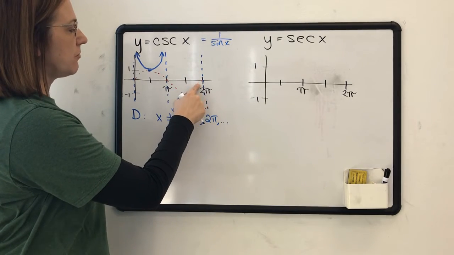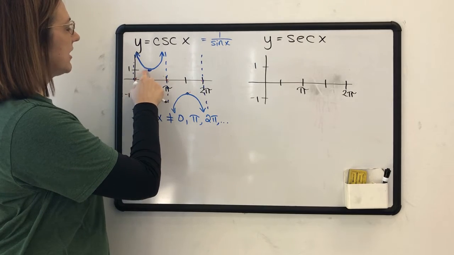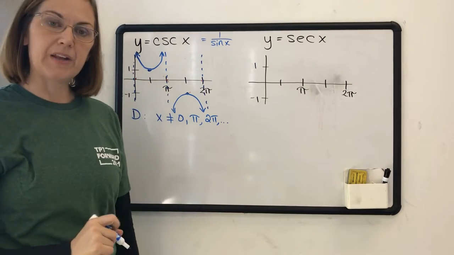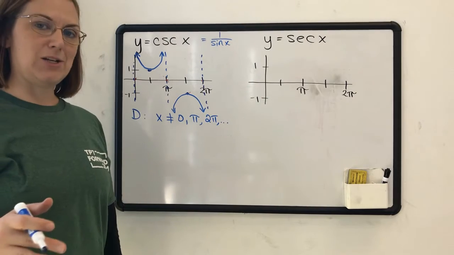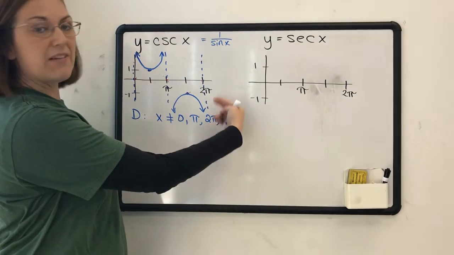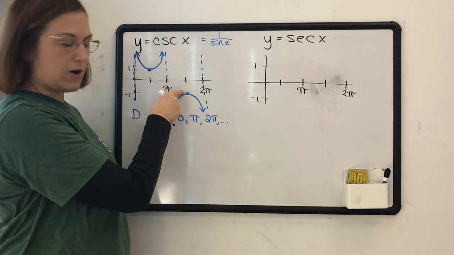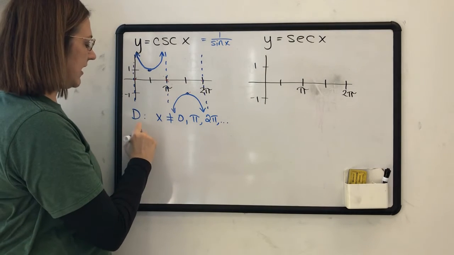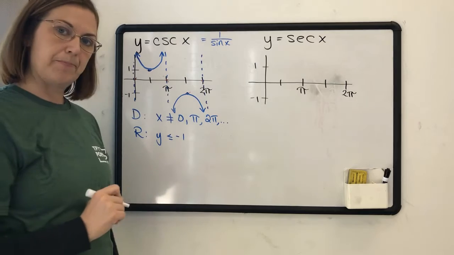So I like to put the sine graph in there so you can reference it, but it's just a guiding point. Now, look at your cosecant graph. Think about your range. You've got these y values here that start at -infinity and go all the way up to -1. So we'll write that like this: y is less than or equal to -1.